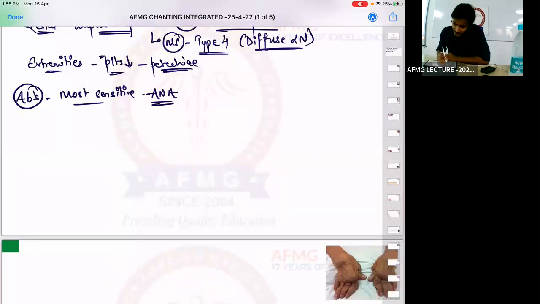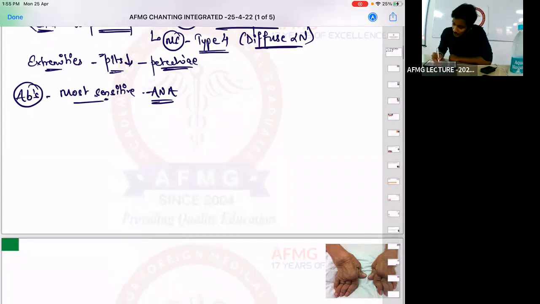Please remember, sensitive has an N in it, that is how I remembered it. Why is it most sensitive? Please remember, it would be very non-specific. It is also seen in all the other autoimmune conditions like rheumatoid arthritis, systemic sclerosis, Sjogren's syndrome. Everywhere ANA is positive. So it is most sensitive, but not the specific one.